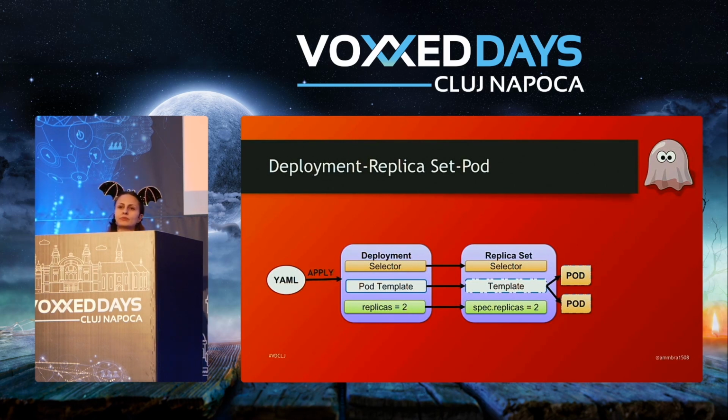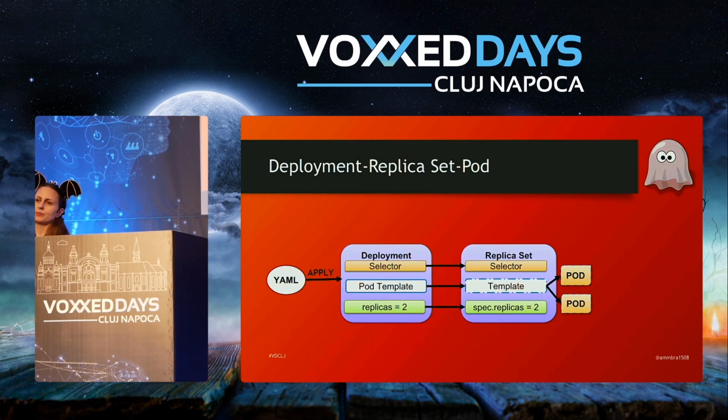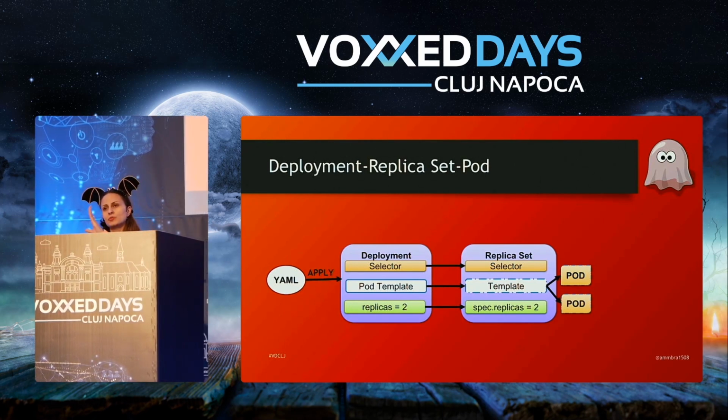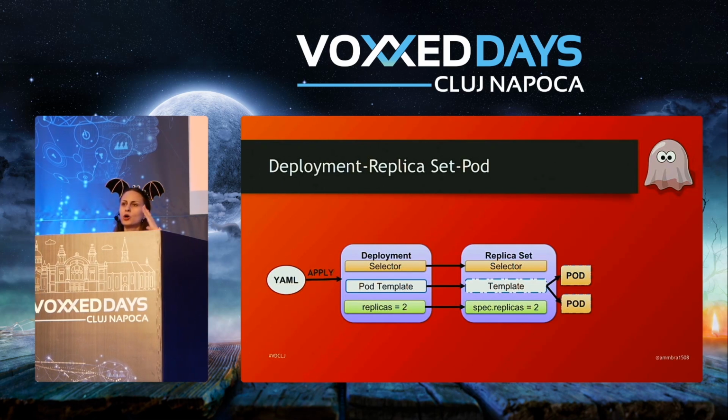Based on that deployment resource, a replica set is created with a number of replicas and also a template. The selector is going to be the same to have consistency. And we're going to have a number of pods based on the number of replicas that we specify. So it's like a chaining of events when we apply one of those YAMLs.